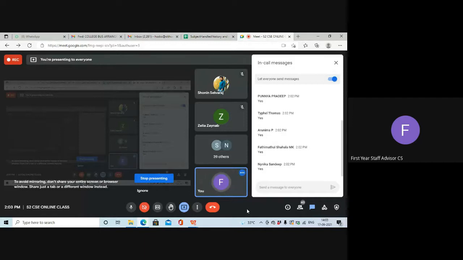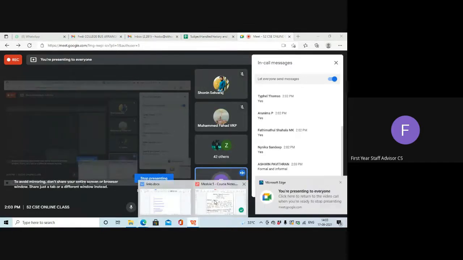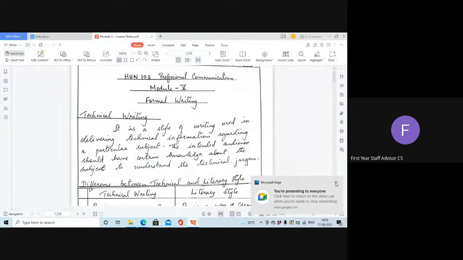Anyone, you can type in the chat box. Okay, Ashwin, very good. Formal and informal. So likewise, technical writing is also formal as well as informal. Here we are focusing more on formal writings because it is useful for communication and organizations and all. So we have to deal more with formal writings in module 5.